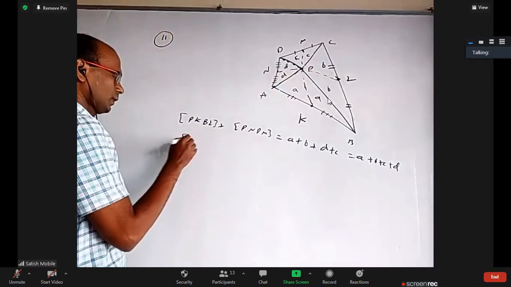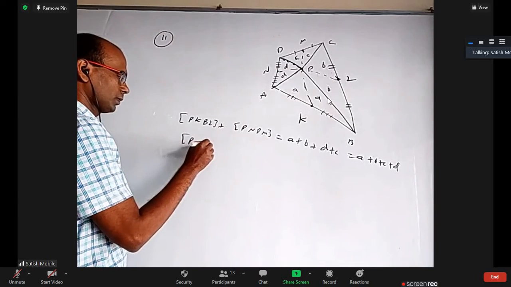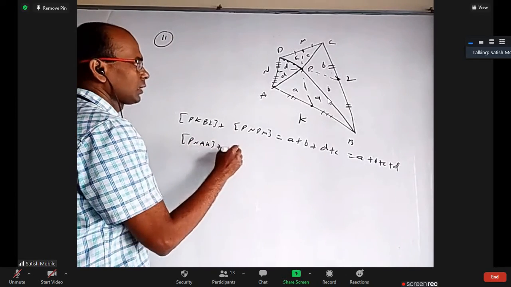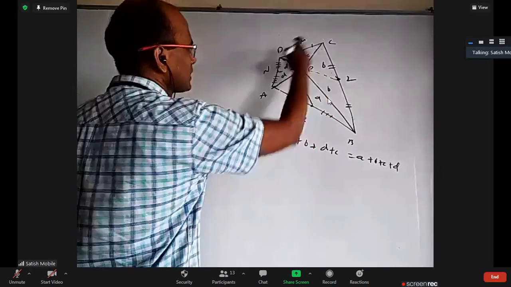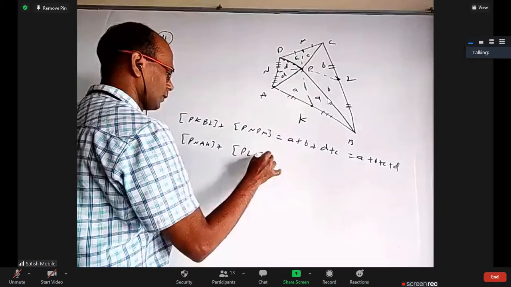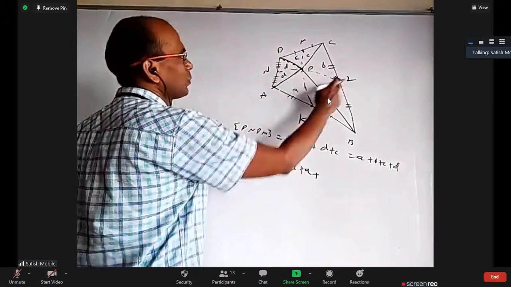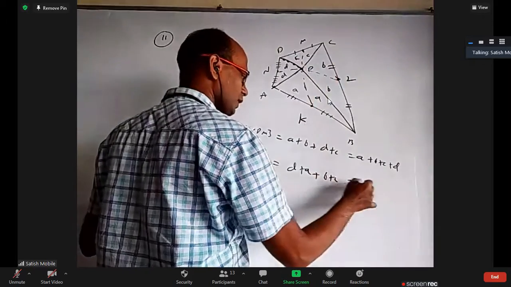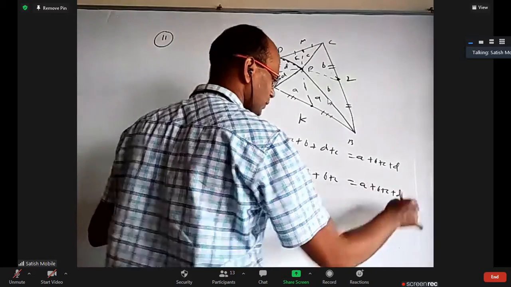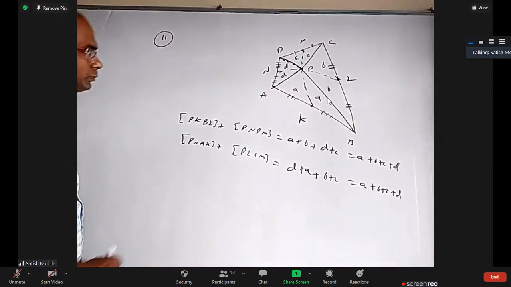PNAK and this one, PLCM. PNAK is D plus A and PLCM is B plus C. Again, it is A plus B plus C plus D. So they are equal.